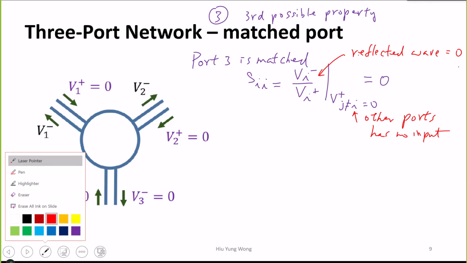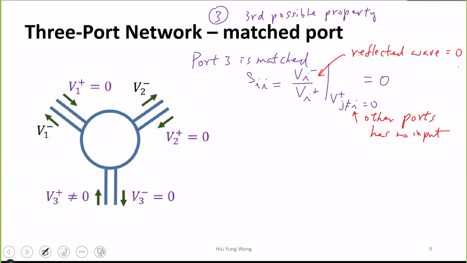Maybe I can highlight this a little bit more. For example, I call this input A. Other ports have no input. And then I say no reflection. This is B. So you don't have reflection.